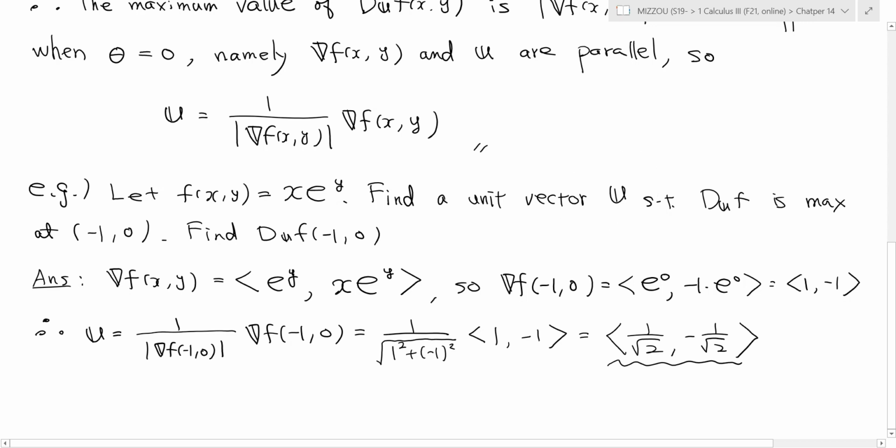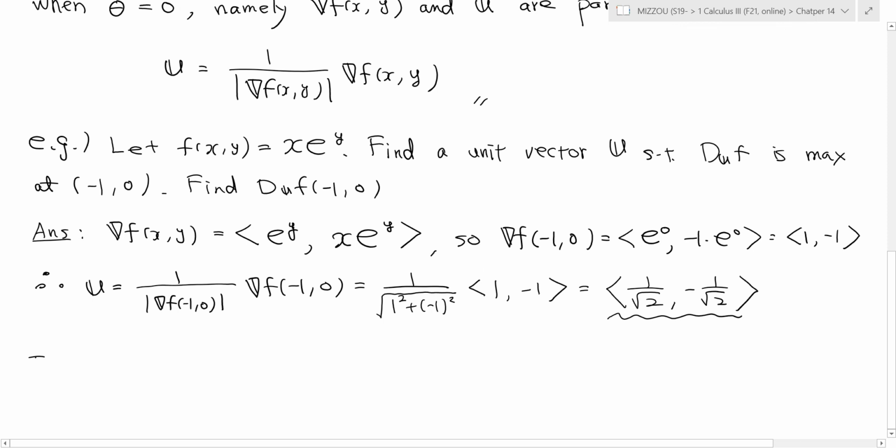So this is u. Then now the maximum value here, the maximum directional derivative at (-1, 0) is given by what?